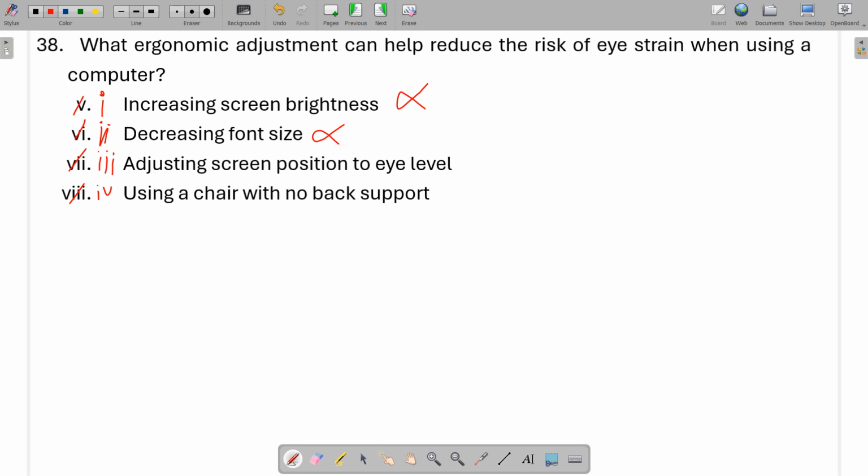So the third one can be taken as the most suitable answer. Using a chair with no back support, definitely it's going to give you problems, but it will not help to reduce the risk of eye strain. It's going to damage your muscles at the back, right? So the most suitable answer is going to be the third.